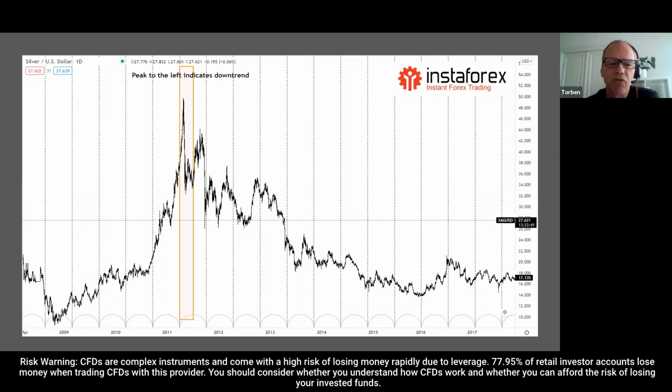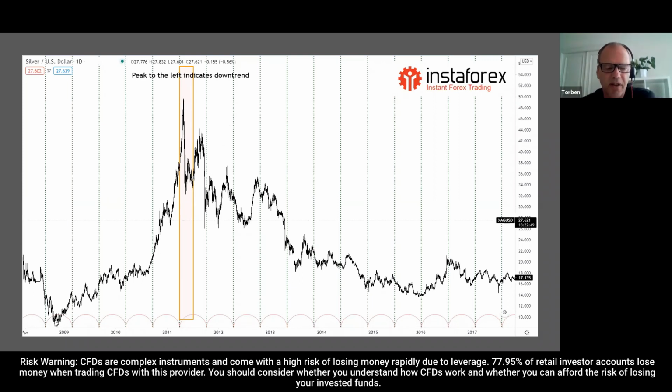That would be a strong warning signal when it peaks to the left in the cycle. And of course, you don't know before the cycle is done, but if you see it pretty early and you can see, okay, this should be a bottom and it peaks right after, still on the left side, you should be aware this could be a potentially dangerous situation, and a major top could be in place for a while.